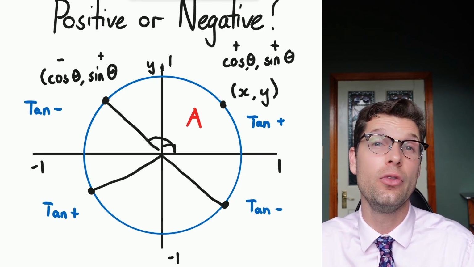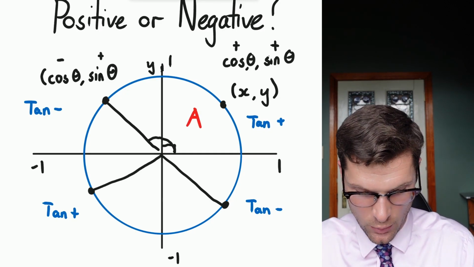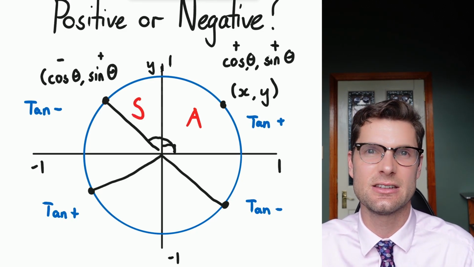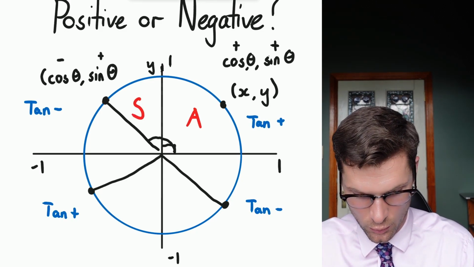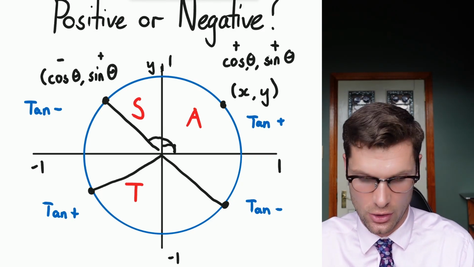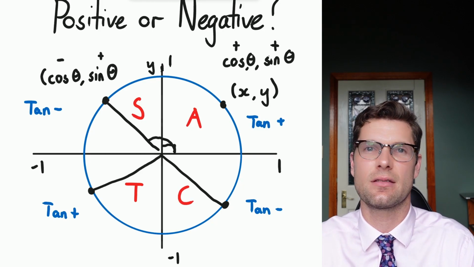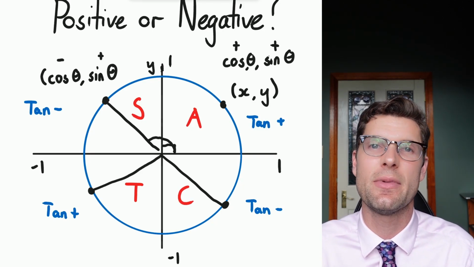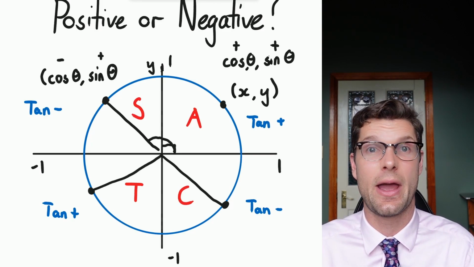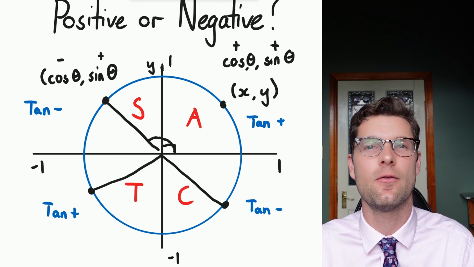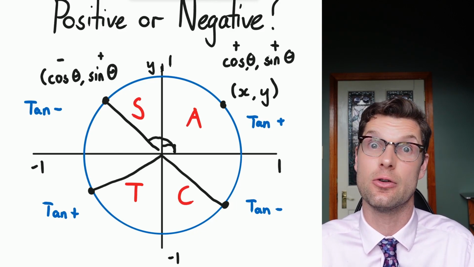Over in this one, the only one that's positive is sine, so we call this S. That third quadrant there, where tan is positive because the other two are negative, we call T. And that fourth quadrant, cos is positive, so we call it C. So some people use the acronym all stations to central in order to remember this. It is something that could help you out, but making sure we know why something would be negative or positive is the important skill for us to master.